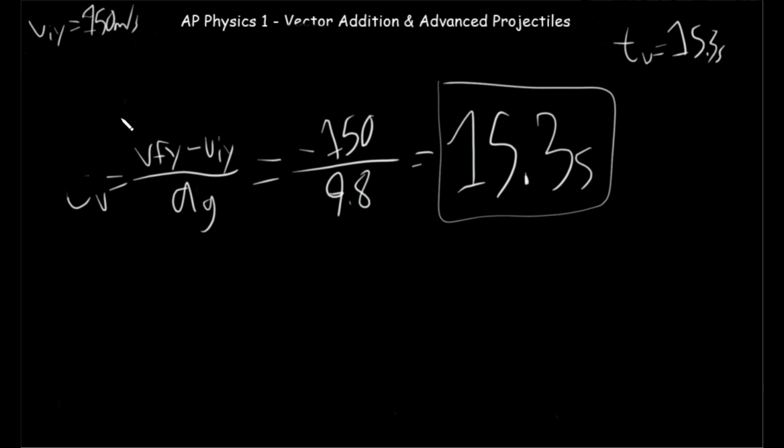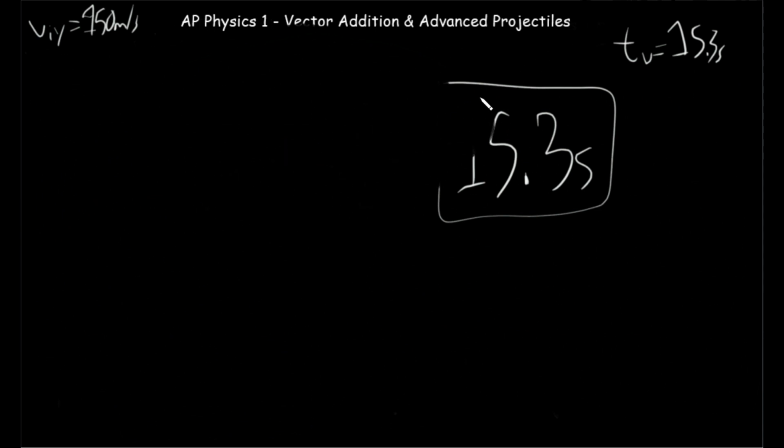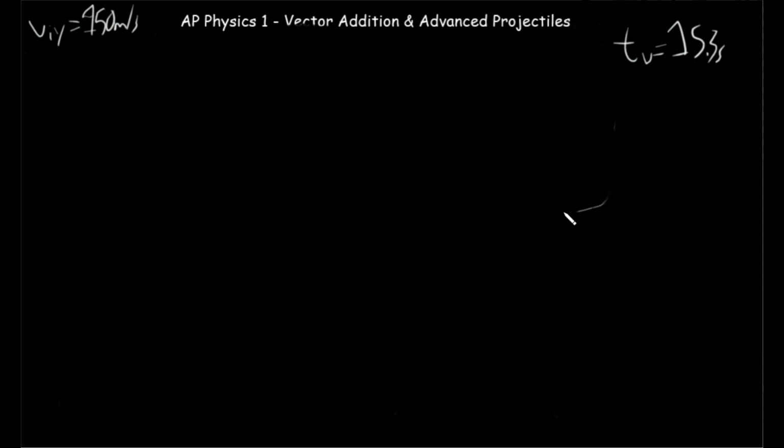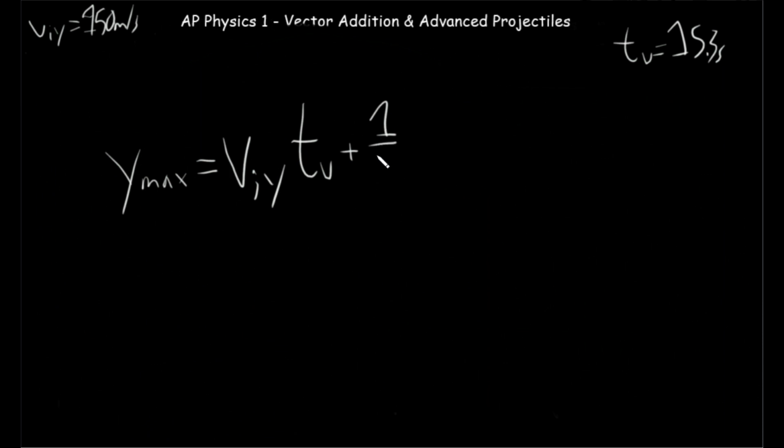Now our next step is to figure out the Y max. So, to figure out the Y max, like I said, delta Y, or I guess in this case, just to not overcomplicate things, Y max equals, if you look at your kinematics equation, VIY TU plus 1/2 AG TU squared.